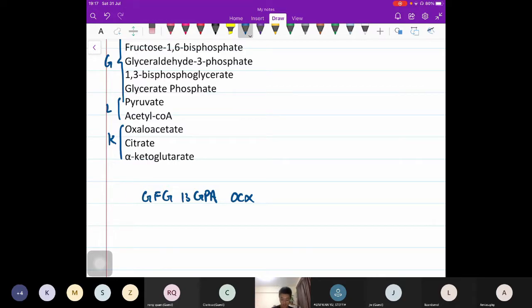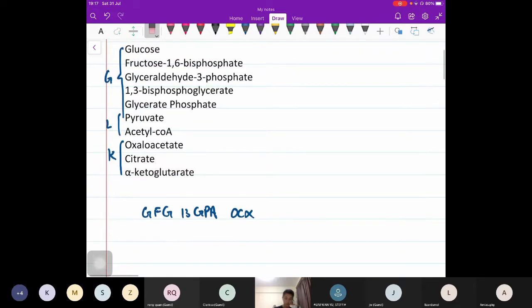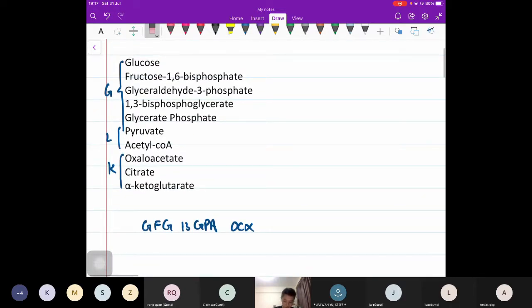But the more you say it, and if you break it down into different parts, you can remember it quite easily. G is glucose, then fructose 1,6-bisphosphate, glyceraldehyde 3-phosphate, 1,3-bisphosphoglycerate, glycerate phosphate, pyruvate, acetyl CoA, oxaloacetate, citrate, and alpha-ketoglutarate. That is how I remember it. It's unconventional and doesn't sound like it'll help, but the more you say it, the more it stays in your head.